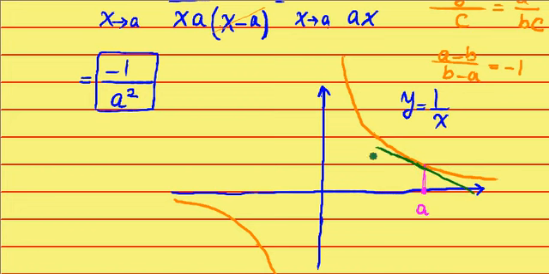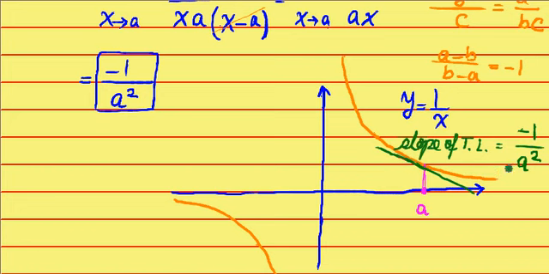We learned that the slope of this line is equal to minus 1 over a squared. What does that mean? If you had chosen a to be 2, that slope turns out to be minus a quarter. If you have chosen a to be 10, the slope is going to be minus 1 over 100, and so on.